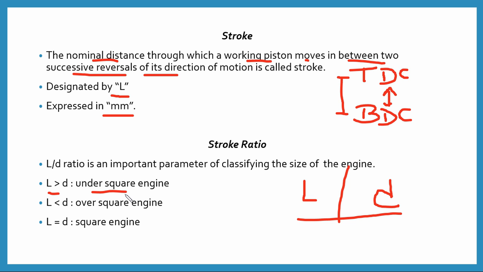If L is smaller than D, meaning the stroke length is smaller than the cylinder bore, then the engine is called an oversquare engine. When L and D are equal, meaning stroke length and cylinder bore are equal, then the engine is called a square type engine.